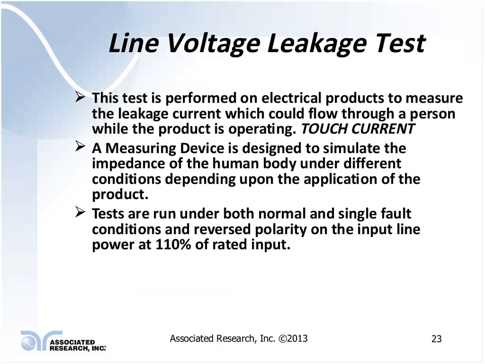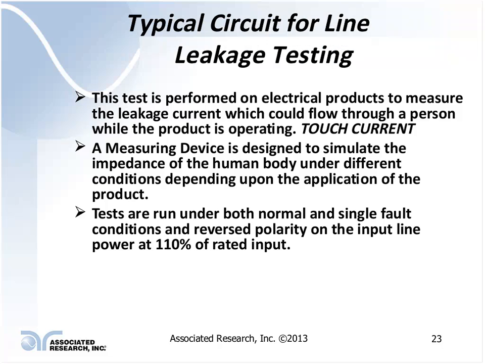They utilize measuring devices, which are capacitive and resistive networks that simulate the impedance of the human body, and they operate the product under normal and single fault conditions at 110% of the rated input voltage and measure how much current could flow through that individual.